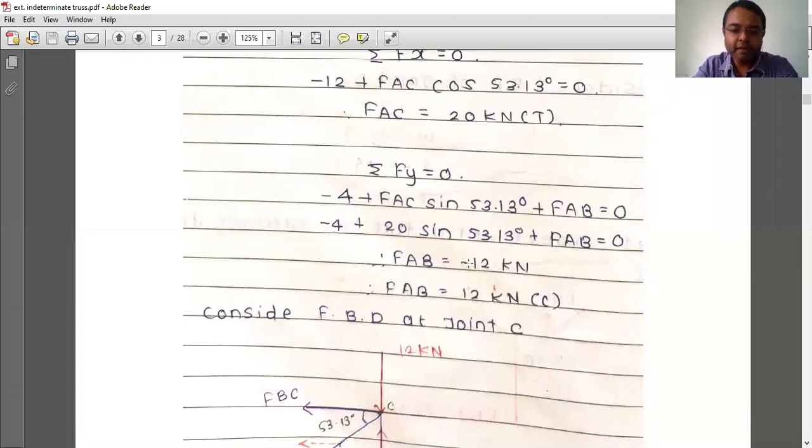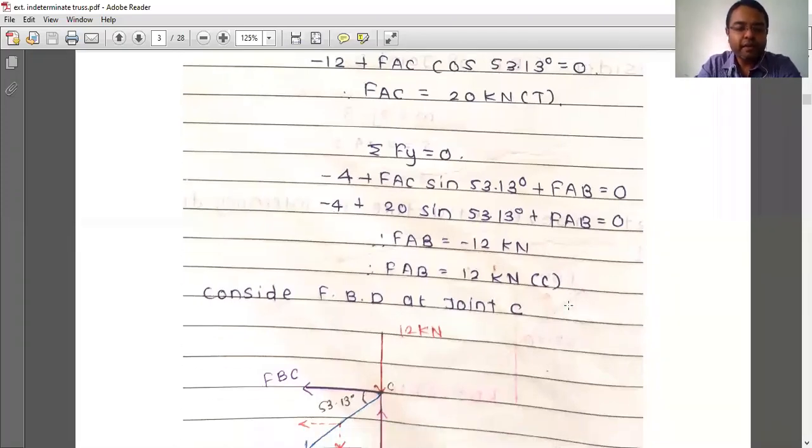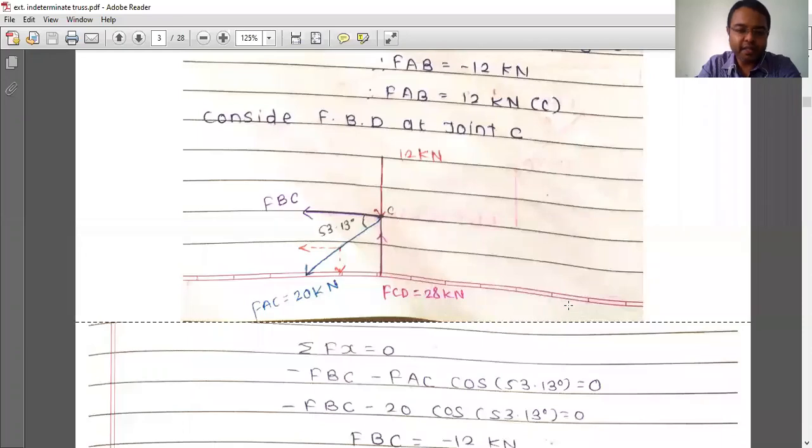Just make it plus and write its nature, that is FAB we are getting compression. Compression means we have just taken the opposite of assumed. Assumed was tensile, so opposite of tensile it is a compression. That's it. So now come to the free body diagram of joint C.